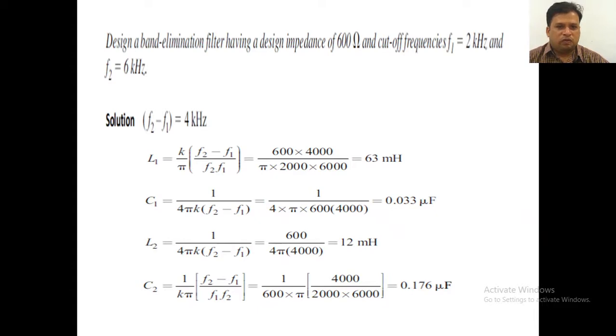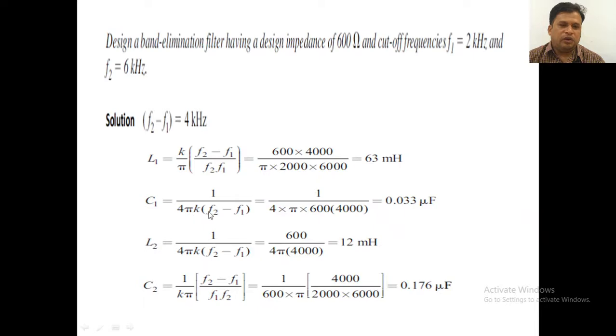What is f2 minus f1? 6 minus 2, that is 4 kilohertz, so we write 4000, and the k value is 600 ohms. After this calculation we get 63 millihenry.